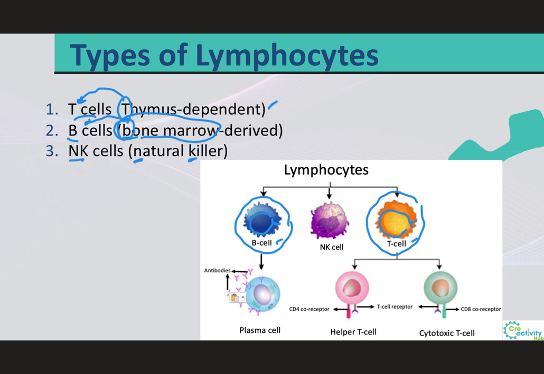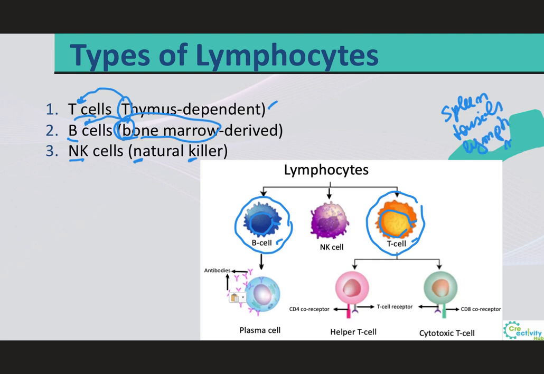Now, both B cells and T cells are found in many parts of the body, circulating in the bloodstream and in the lymph as well. And they will reside in those secondary lymphoid organs, which we have talked already about, which are the spleen, the tonsils, the lymph nodes. And we will discuss these structures or organs later in this module.